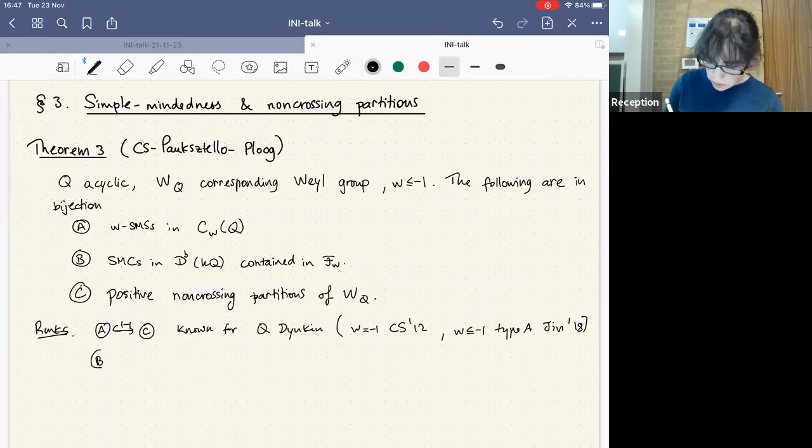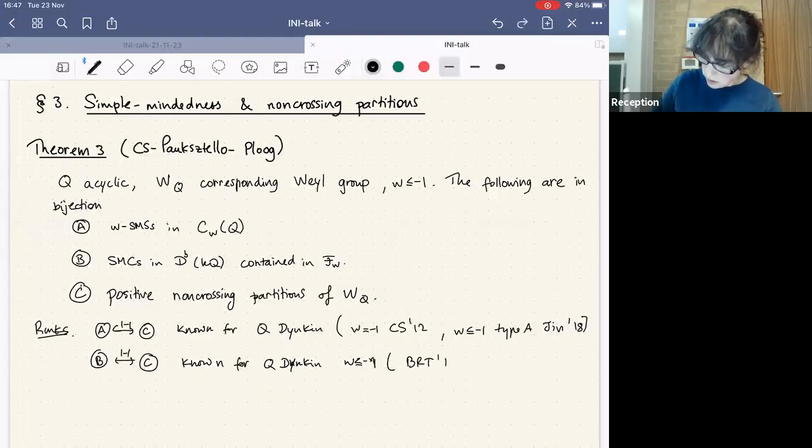But there's also this work of Buan, Thomas and Wright, who consider simple-minded collections and Q Dynkin. This is Buan, Thomas and Wright, 2012, sorry, and also mentioned by Iyama-Jin.